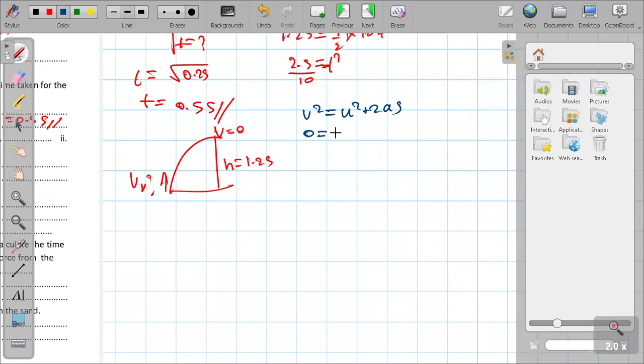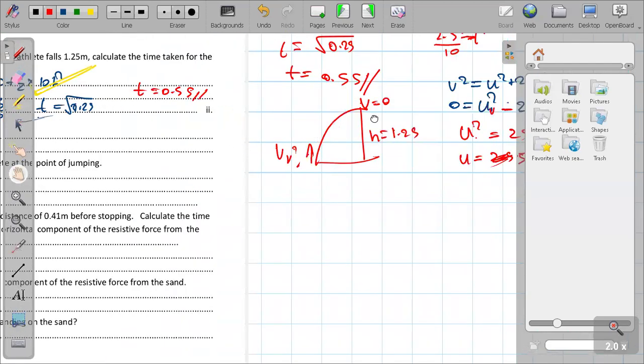So v is 0, u square you don't know, u vertical square plus 2 times 10 times this, minus because this is against gravity. 1.25, u is equal to 5 ms minus 1.